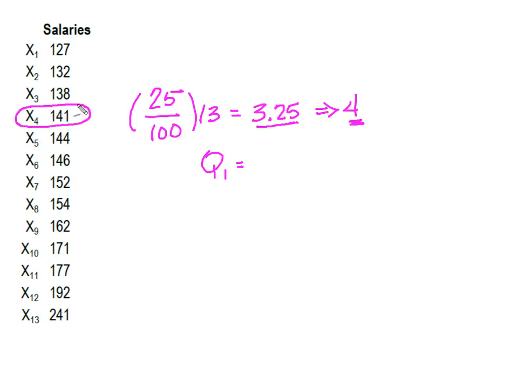Remember, when we're looking at this position, we always start at the top and count down. So I know that that's 141,000. And so what that tells me is that 25% of the values in this data set are below 141,000, and that's the location of Q1.